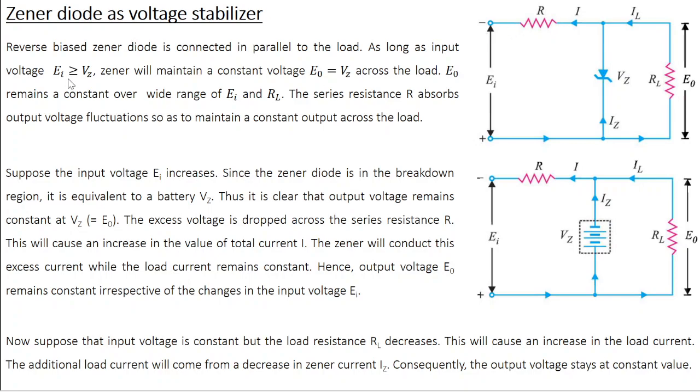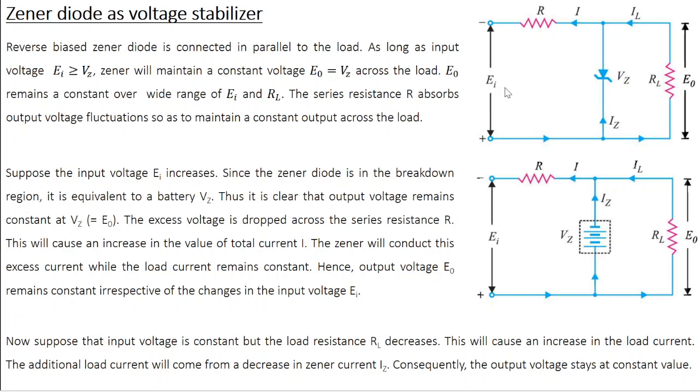Now, as long as the input voltage EI is greater than the Zener voltage VZ, remember these are parallel connections, so the same voltage is going to drop across this particular point.